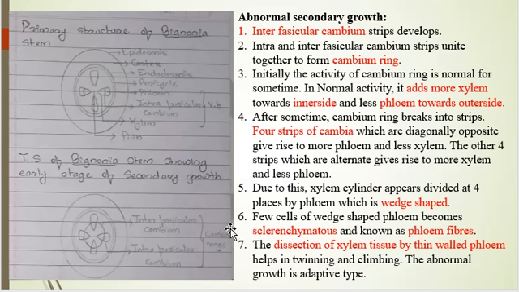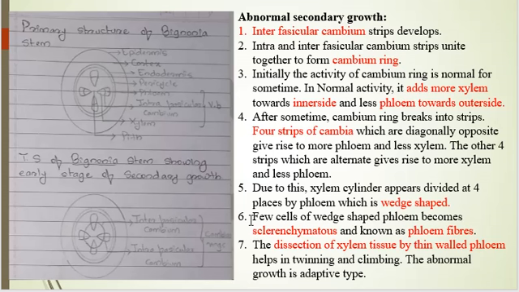In this Bignonia there is the interfascicular cambium that develops, then the fascicular and interfascicular cambium are connected or unite together and form the cambium ring. Then due to the activity of the cambium ring, more xylem is added on the inner side but less phloem is added on the outer side.